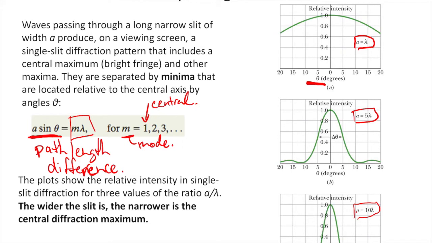All right, so I'm going to look at the bottom one first. You're going to have this peak right at the center, but then you see there's these two minima on either side, and it's totally symmetric. Oh yeah, that's another very important thing about this equation. This is for minima, or dark spots.